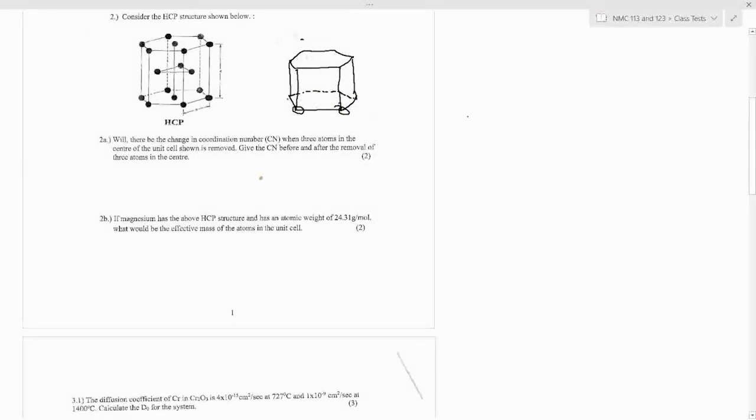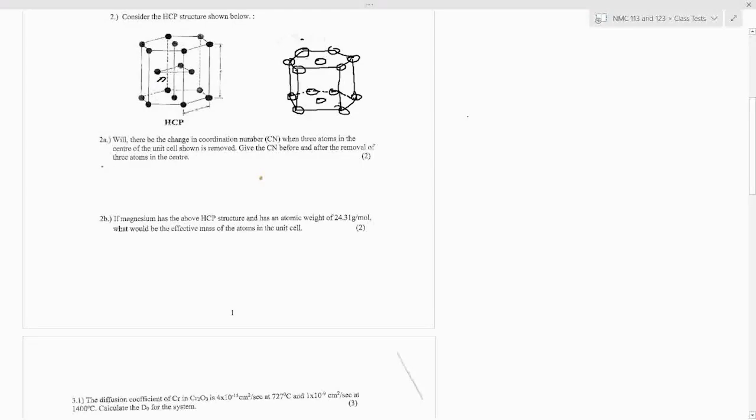So we have these atoms. And the center atoms, these are atoms on the base, on the face, but these atoms are the ones that are removed.